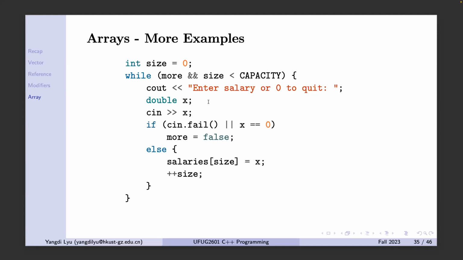We can read salaries one by one until 0, and when it's not 0, we put it into the salary array. How can we translate these two lines into a vector version? If it's a vector, how can we write it? Yeah, push_back. salary.push_back(x). We don't need to increment the size. We don't need to keep track of it.